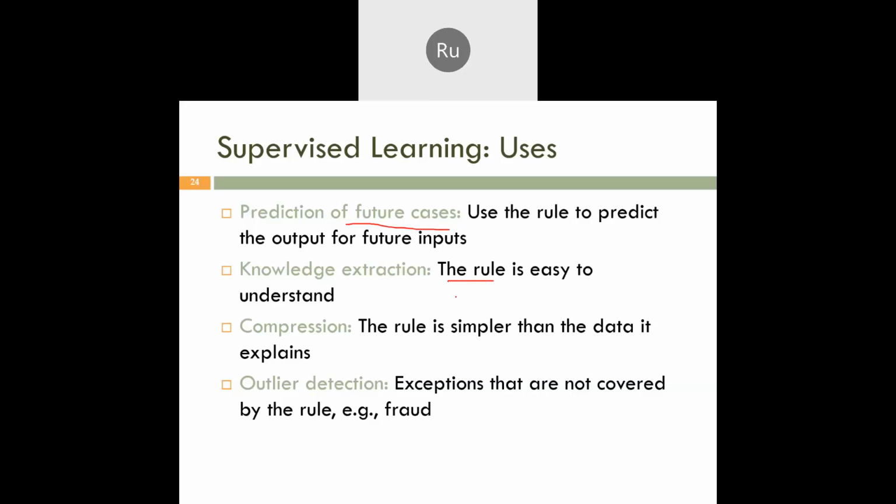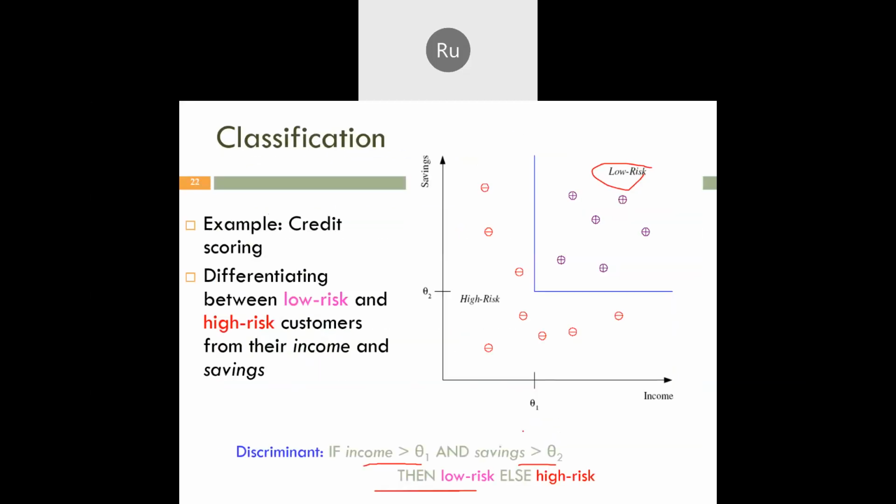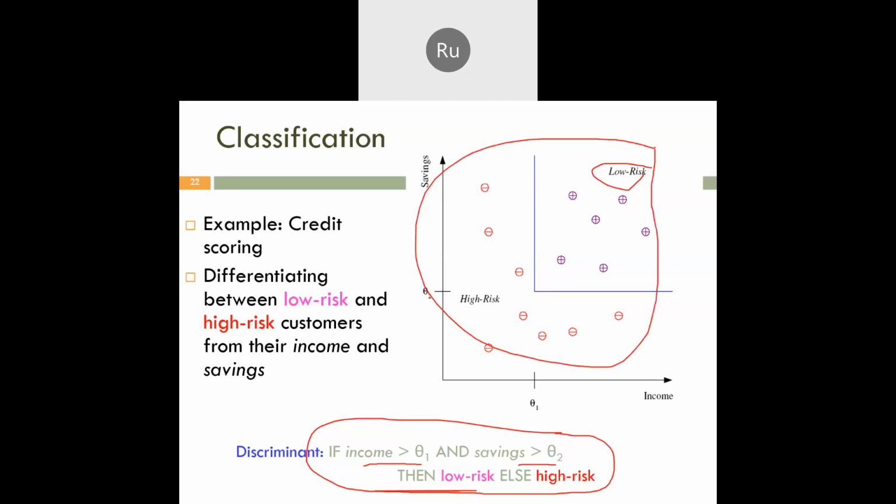Okay, the rule is something like this. So this is what we call the rule. Your model should be able to come up with this rule when you present the data. Like you have saving and income, you have the label, then the model will produce this. Okay.